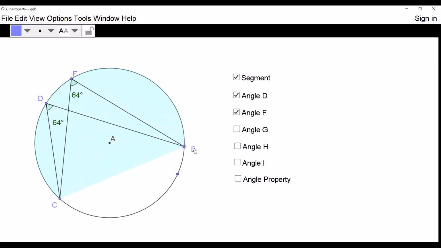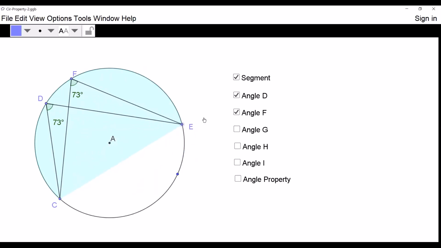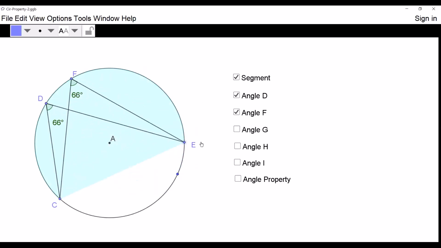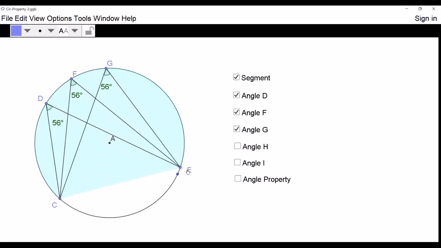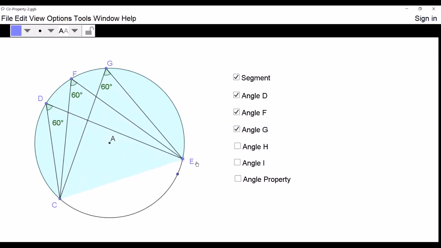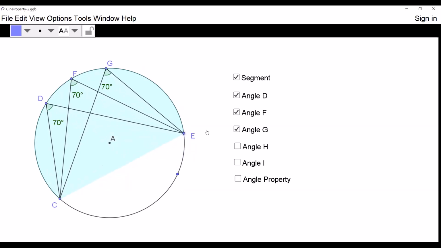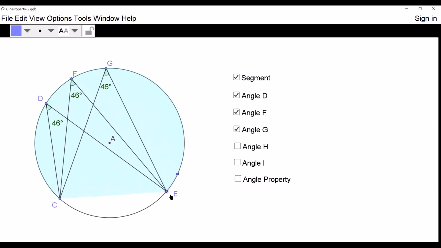Whatever the angle D and F on the circumference, in this segment, they are equal. We add one more angle, angle G, which is equal to the two previous angles, and they are all equal. 60, 70, so they are equal.